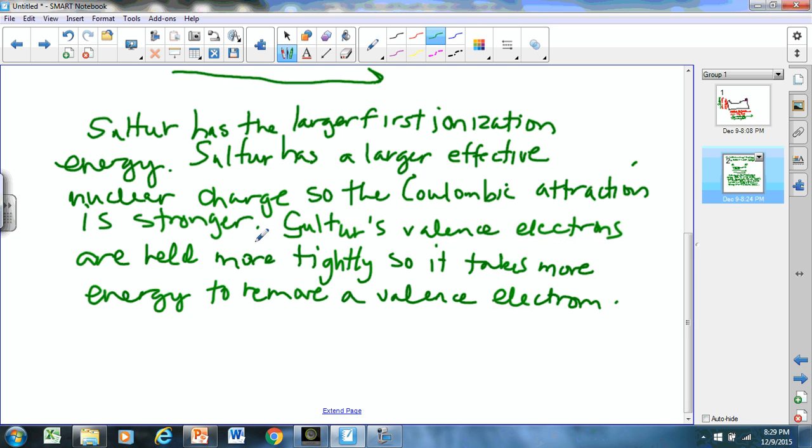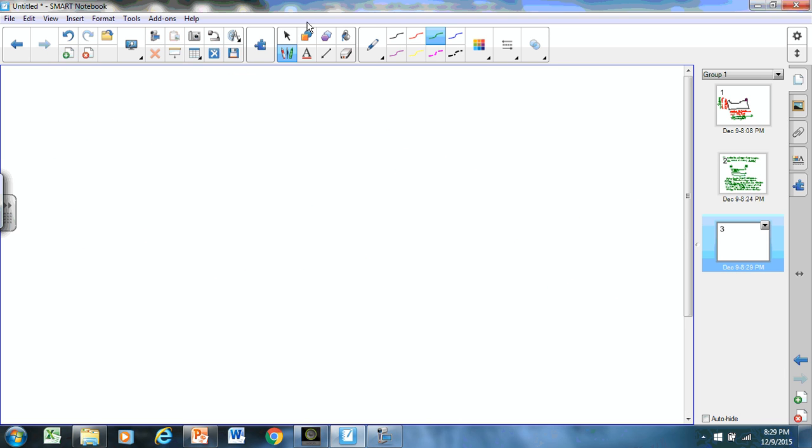So that's an example of one where they're in the same row or period. So now let's do another one. Let's add a new page. Okay, so here's our second one.